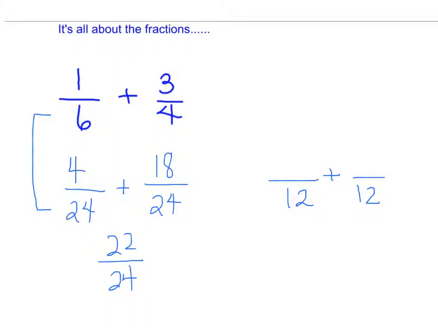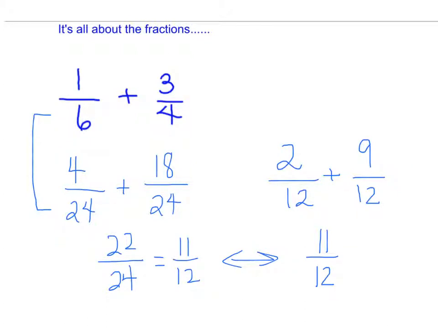If we did by 12s, we would say 6 times 2 is 12, so 2/12 is 1/6. And then we would say 4 times 3 is 12, 3 times 3 is 9. And we would end up with 11 over 12. Notice that we don't add the denominators, those stay the same. So those look very similar because if you divide the top and bottom by 2 here, you end up with 11/12. Either way, you get the same answer.